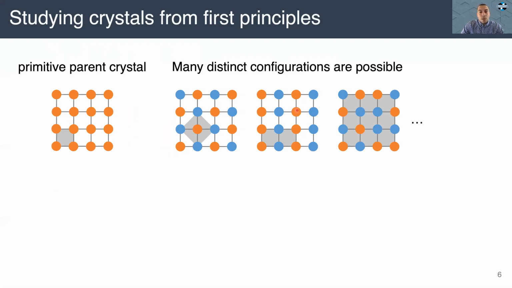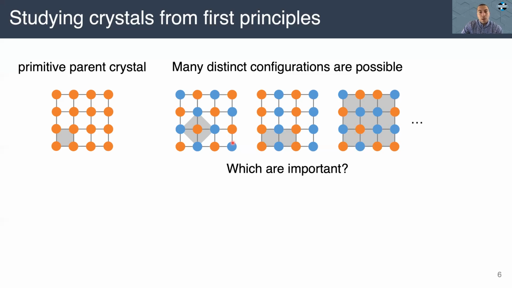So at any given composition, there are many possible configurations as illustrated here. And in modeling material, we want to know which of the allowed configurations are important. And so the most important configurations will be the lowest energy configurations, because those will be stable at 0 temperature.